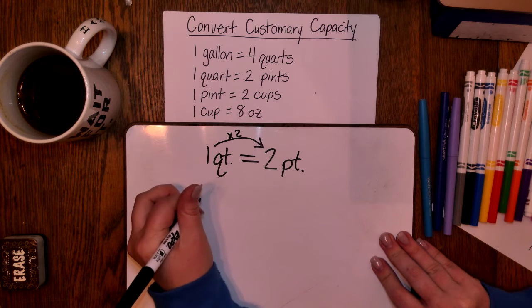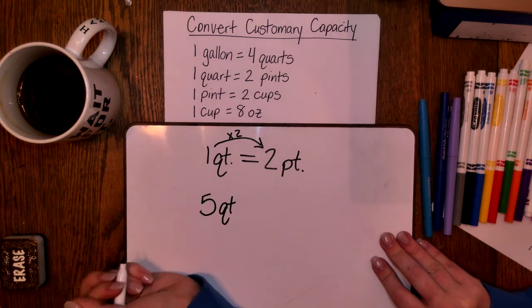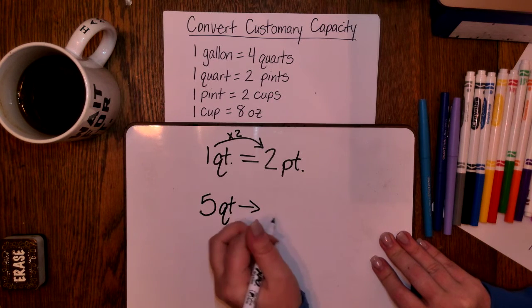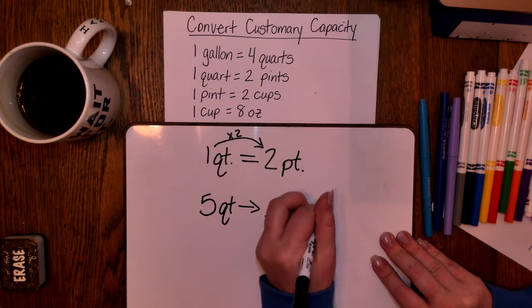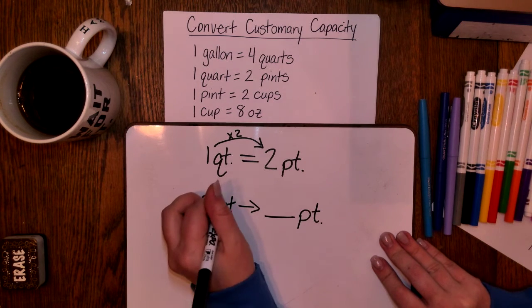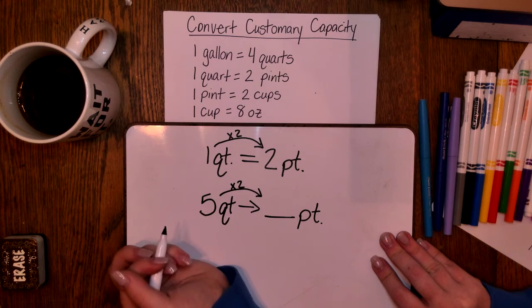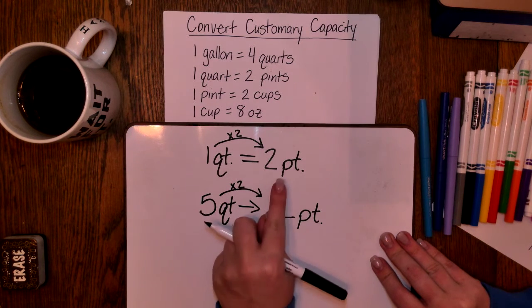So if I have, let's say, 5 quarts, and I want to know how many pints there are, I know that I multiply times 2 to go from quarts to pints.